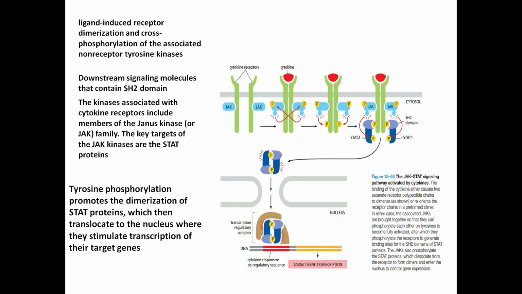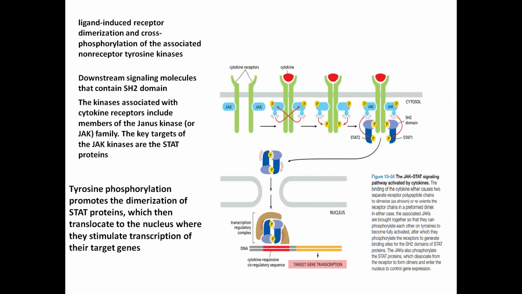So JAK will phosphorylate the receptor, and this phosphorylated part is bound by the STAT protein. And this binding is happening using the SH2 domain. As you can see, it is very clear in the diagram. Tyrosine phosphorylation promotes the dimerization of STAT proteins, which then translocate to the nucleus, where they stimulate transcription of the target gene.